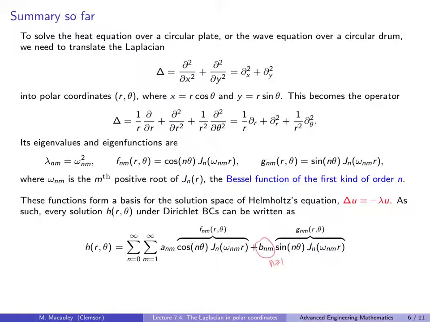So it's not quite as elegant to write that, but I'll just leave it like this. So given this, we can factor out this Bessel function, and we can write this as an infinite sum over all n and m of Jn of omega nm r times a nm cosine of n theta plus b nm sine of n theta.